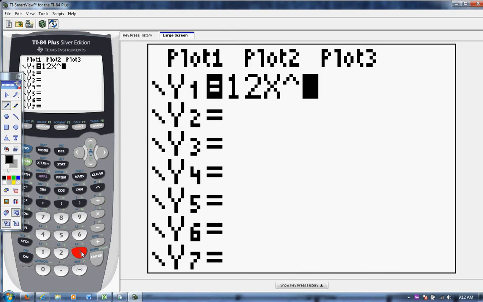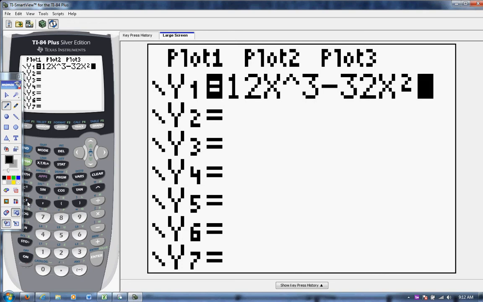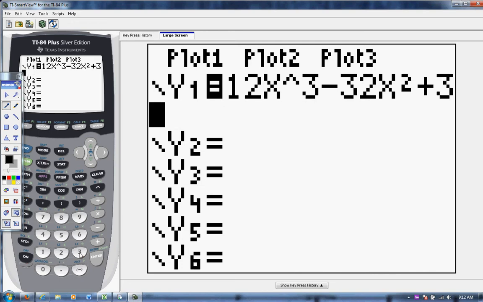12x cubed minus 32x squared plus 3x plus 5. Okay? And let's go to our table setup.